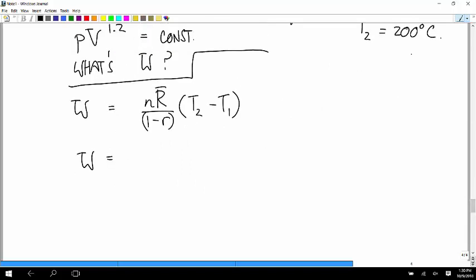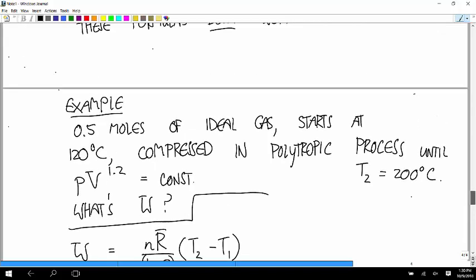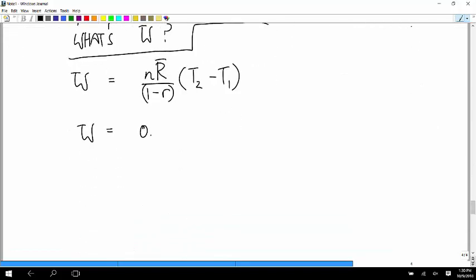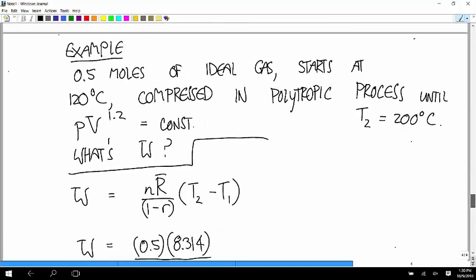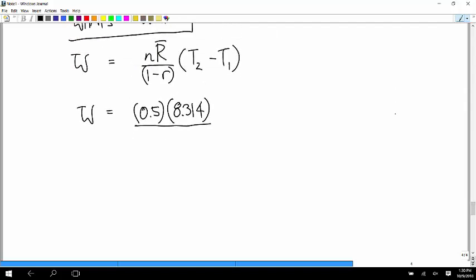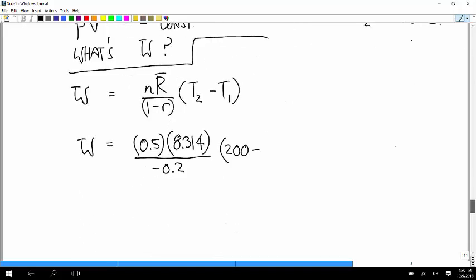And so W is equal to 0.5. I'll do all this in SI units, times 8.314 divided by, this is where the negative comes in, 1 minus 1.2 is negative 0.2, times the quantity 200 minus 120.